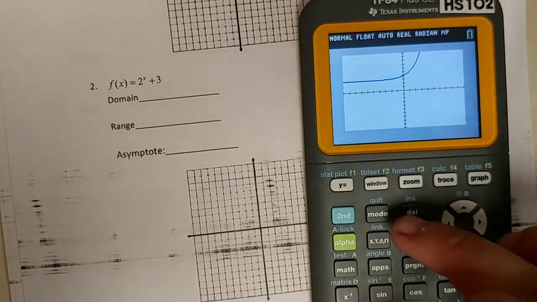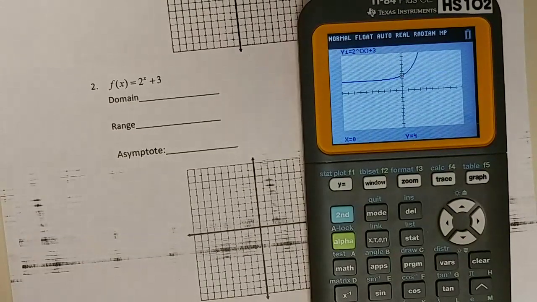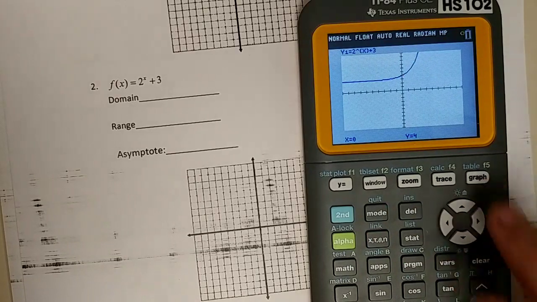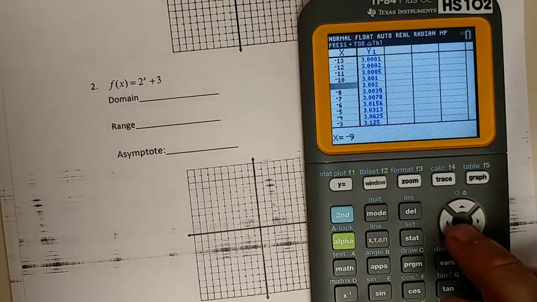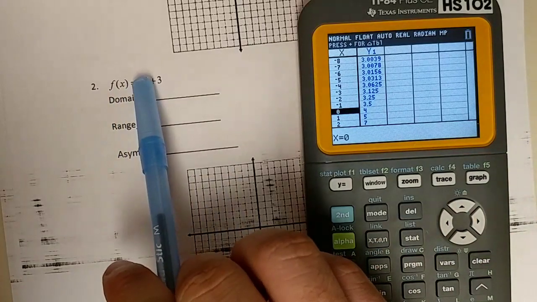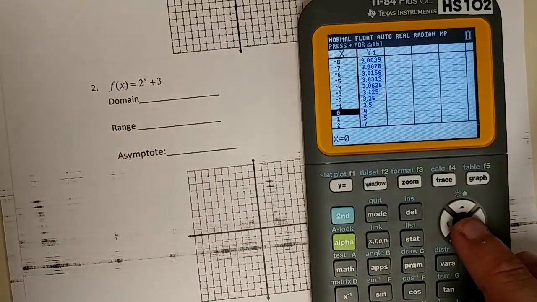But you still can't really read numbers, and when you trace, it's all decimals, which is not very useful. Because of that, and I'm sorry for the lights, what we're going to do is click second table. Now I'm going to go down to where I see a normal point. Your normal points are going to be wherever h is, and since h is 0, it's going to be at 4.